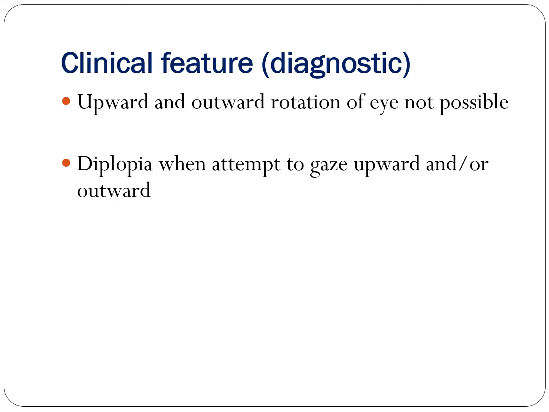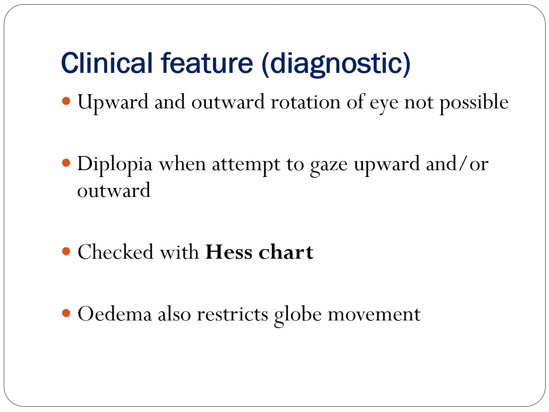The diagnostic feature is that upward and outward rotation of the eye is not possible. It is very difficult to move the eye, and there is diplopia when attempting to gaze upward and outward, which the ophthalmologist will test. Edema also restricts the movement of the globe because there will be swelling. You can see it after the fracture.